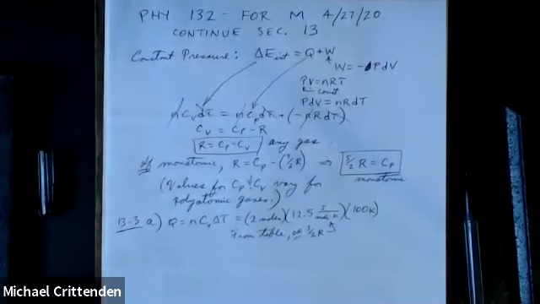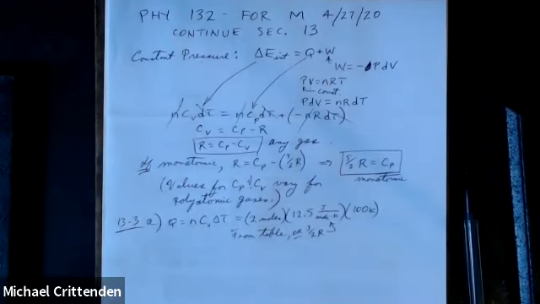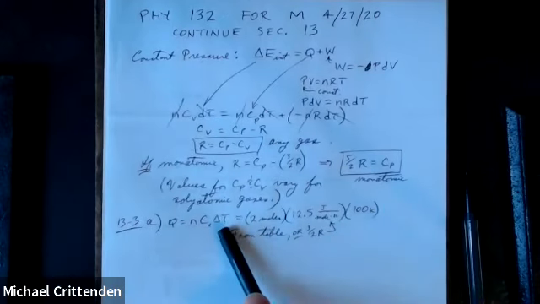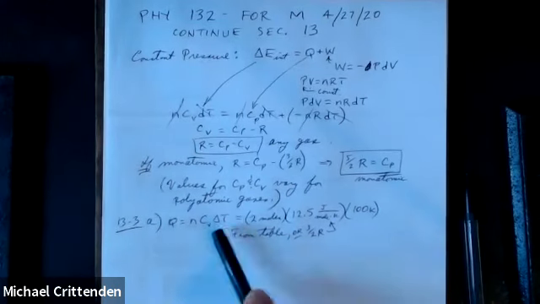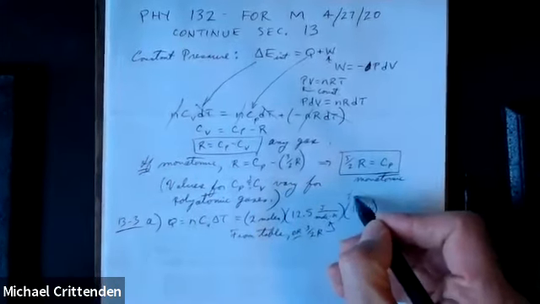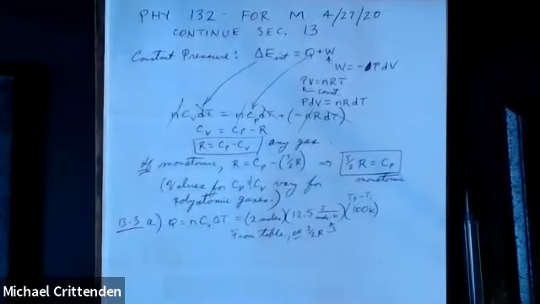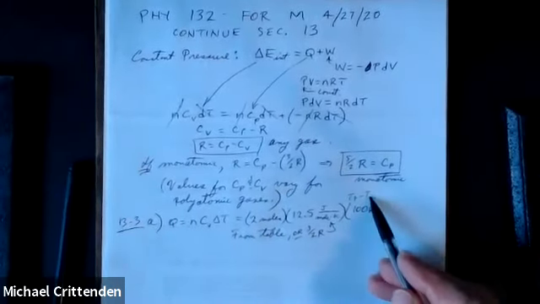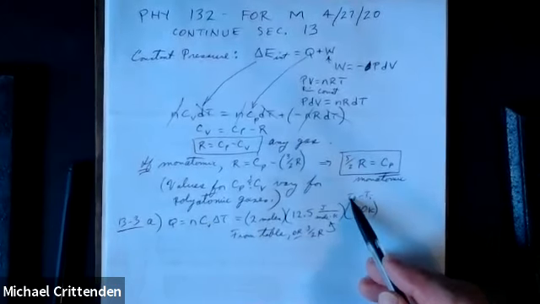Now maybe I should explain that, because it says in the question, raise the temperature by 100 degrees Celsius. So I'm sure there is somebody watching this who, if I had asked them to do this problem themselves, would have been adding 273 to that. It's delta T, okay? T final minus T initial. If you add 273 to this, and also add 273 to that, it drops out.